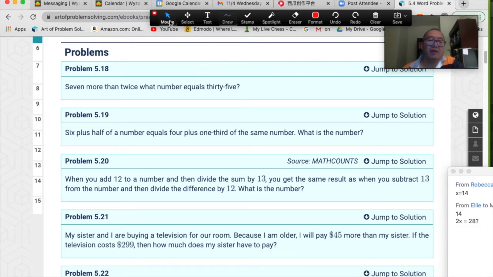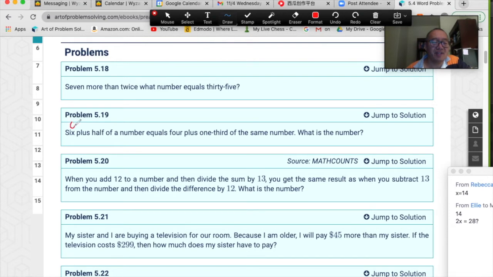So now, Ellie, can you read 5.19? 6 plus half of a number equals 4 plus 1/3 of the same number. What is the number? Okay, everybody do this. First you need to convert.